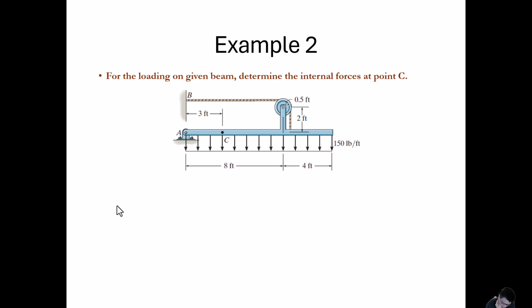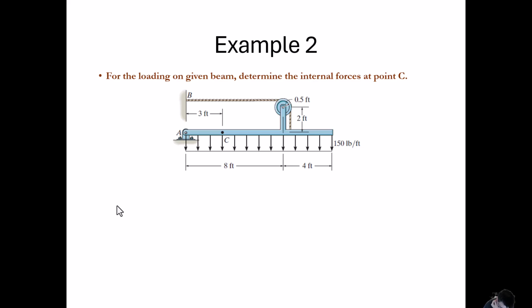Because we are only considering AC, this will be 150 times 3. After the cut, it has VC, NC, and MC.